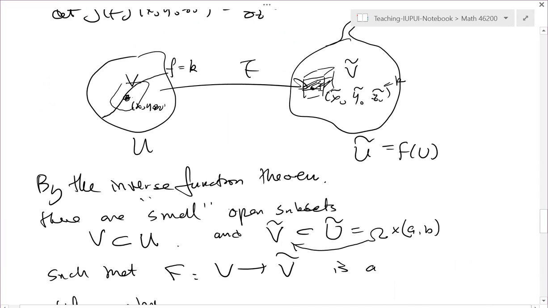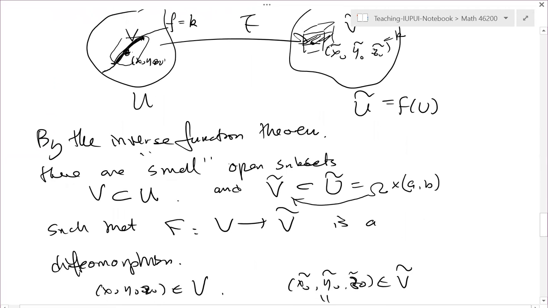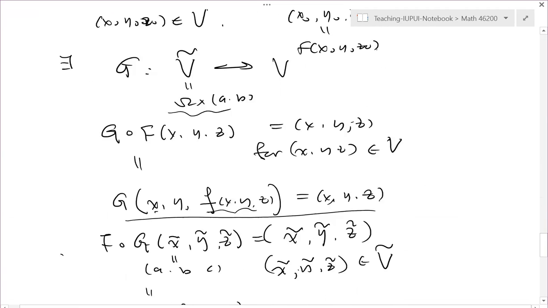This plane is actually the image of this level surface. And then using that, you can construct a function so that the graph of that function is this level surface. All right, so that's it.